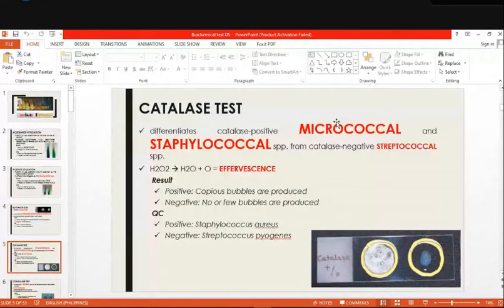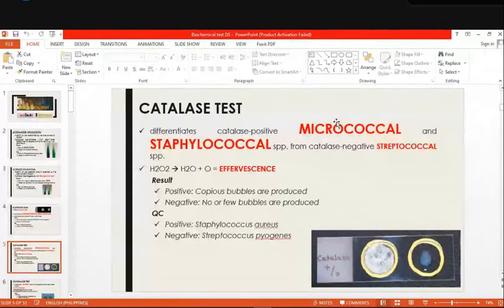Now, sabi ko kanina sa inyo, ang ating reagent dito with the catalase test, when you're checking for staphylococcus, for differentiation of staph and strep, ang ating reagent ay 3% hydrogen peroxide. But pag nakita nyo na ang reagent ay 30% hydrogen peroxide, this is used in other biochemical tests like the salt test.